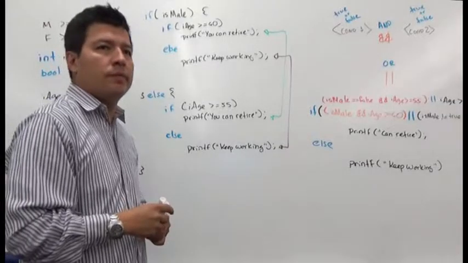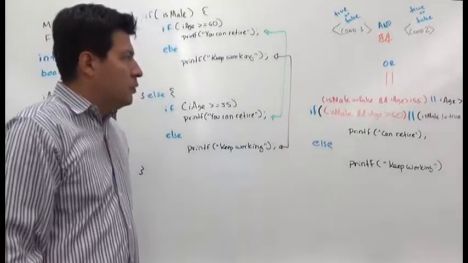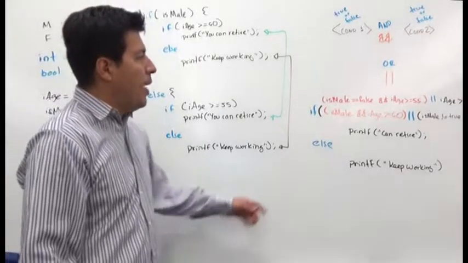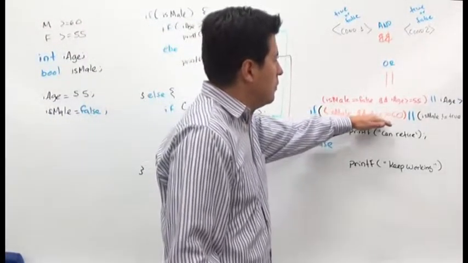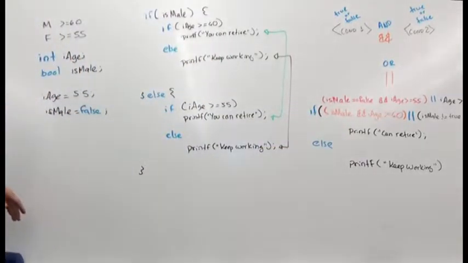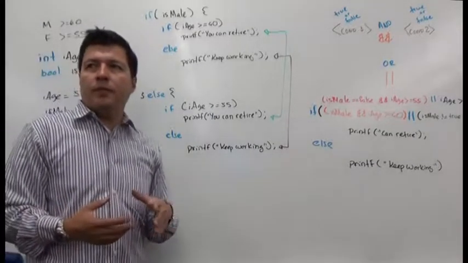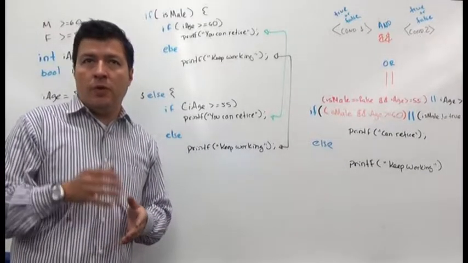It doesn't matter. So, if I'm here, I said 55 and it's false, right? But the computer does parentheses first, right? It's the order of precedence.